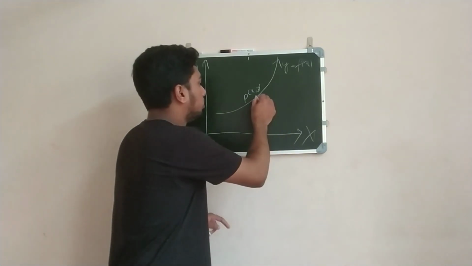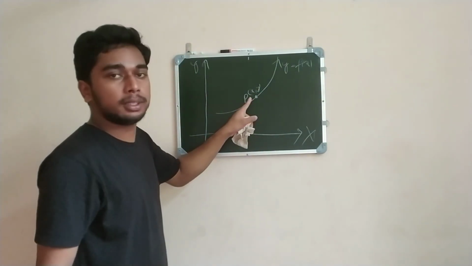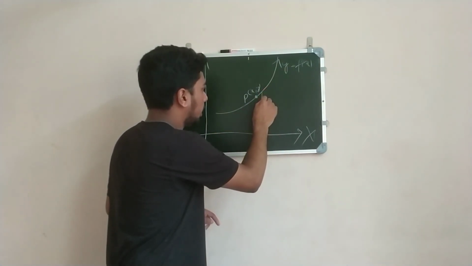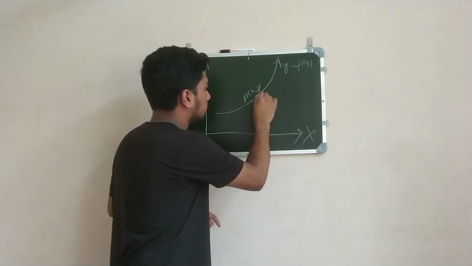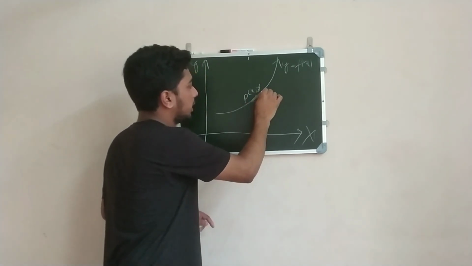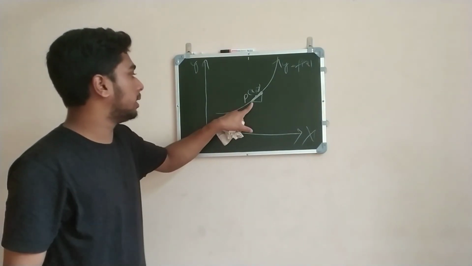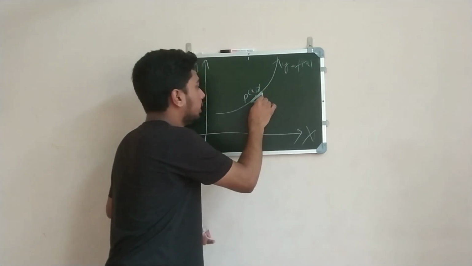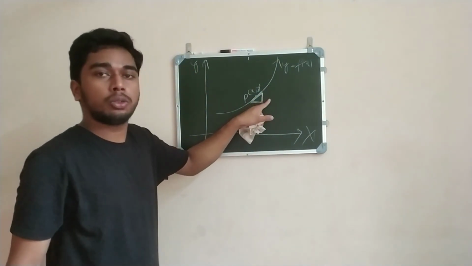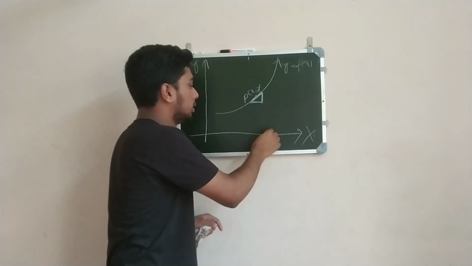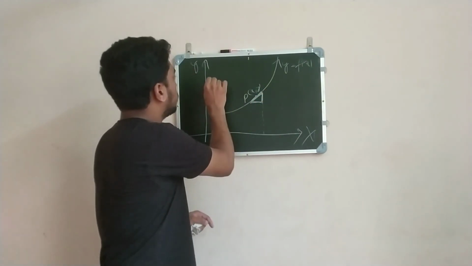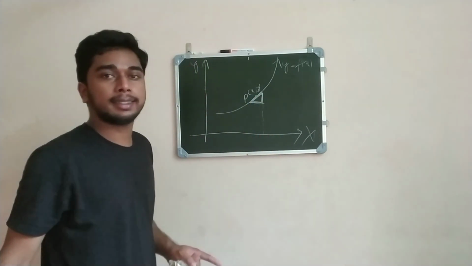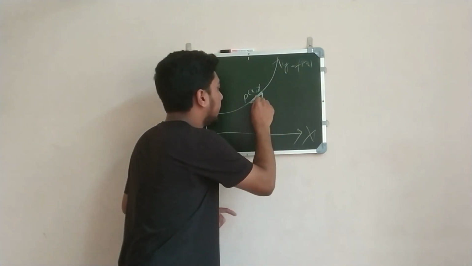If I want to find the slope of this graph at this point, I will just take a small element of this graph. Then I will draw two lines, one line parallel to the y-axis and another line parallel to the x-axis.